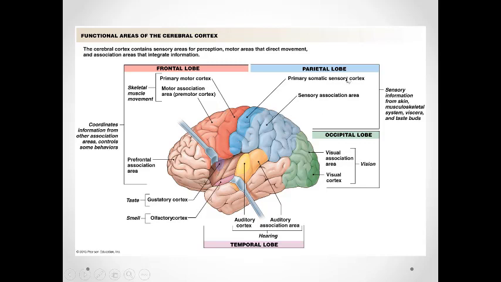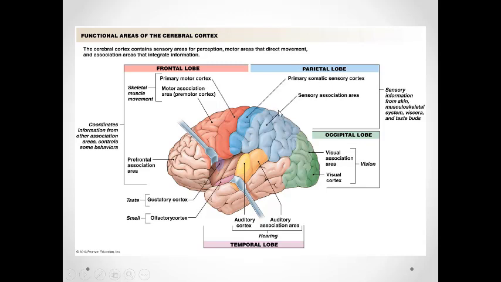The parietal lobe, on the other hand, is responsible for analyzing all of the sensory information that comes in from your vision, from your hearing, from your skeletal muscles, your taste buds, your viscera. The parietal lobe has an area called the somatic sensory cortex that takes all of that information, analyzes it, and makes decisions.